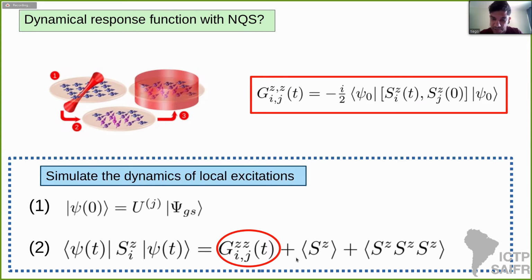One can derive this expression, but there are also other terms here that, for the kinds of models that we study, are equal to 0, because the models that I will show here have parity symmetry. So basically, I don't even need to worry about them, but in principle, I can also compute them with this approach. So this is the basic idea of the method.